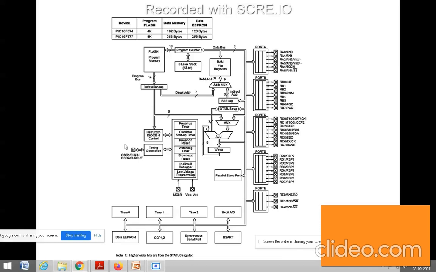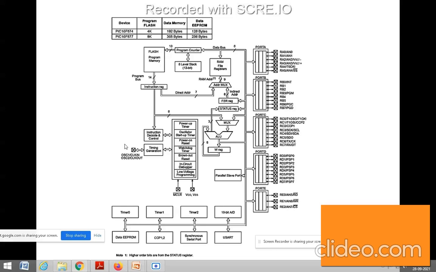What is a microcontroller? Generally, a microprocessor along with input output circuits, a memory unit, and other peripheral circuits are built into a single chip itself. That is called a microcontroller. Everything available in a microprocessor will be present in your microcontroller with extra circuits: input circuit, output circuit, memory circuit, and timing circuit.